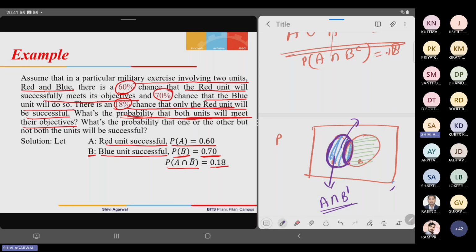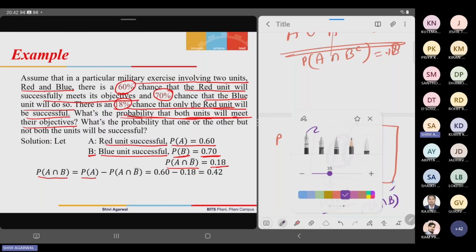Now what do you have to find out? The probability of A intersection B. So A intersection B is this one. What will you do? The probability of A intersection B is the probability of A, the complete region, minus this part.